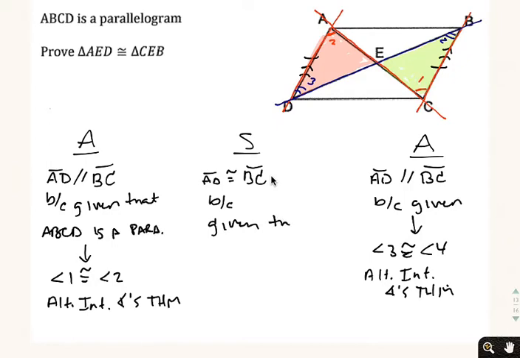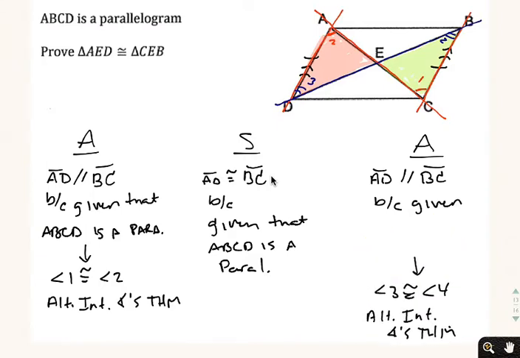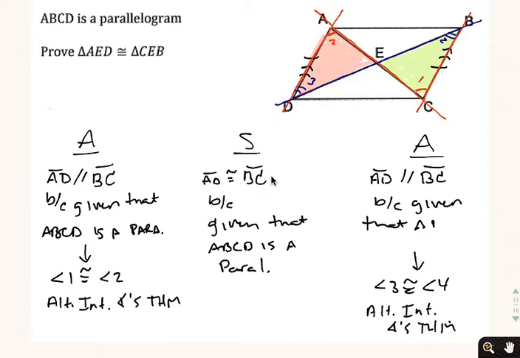It's given that ABCD is a parallelogram. I was saying those words, but you know what? Let's just go ahead and write it out. And one last time with feeling, it's given that ABCD is a parallelogram.